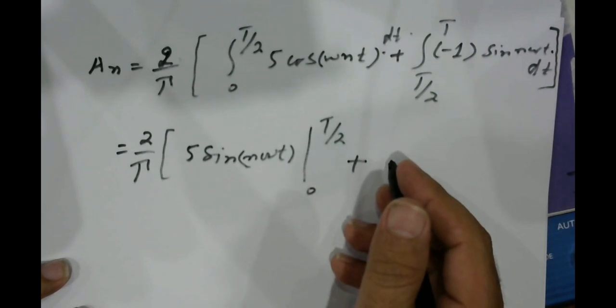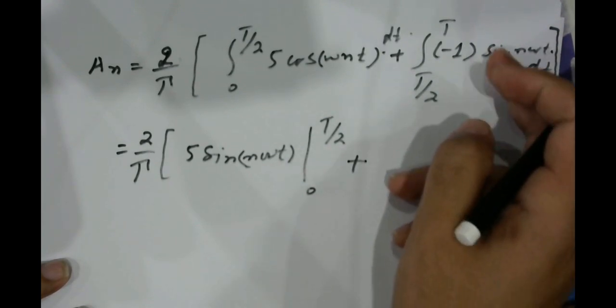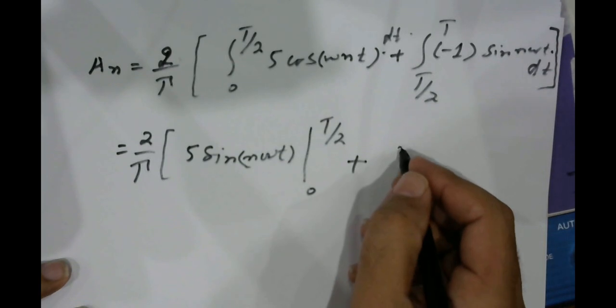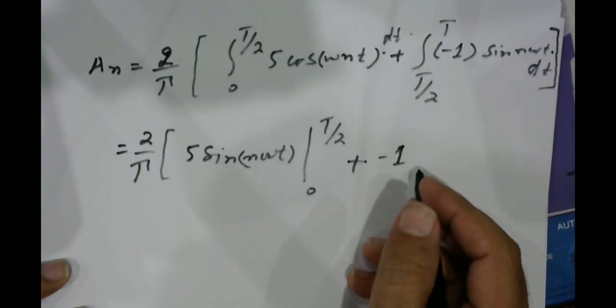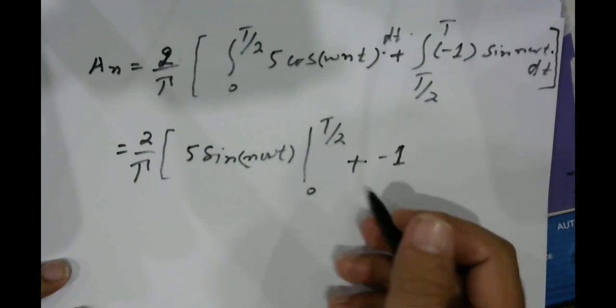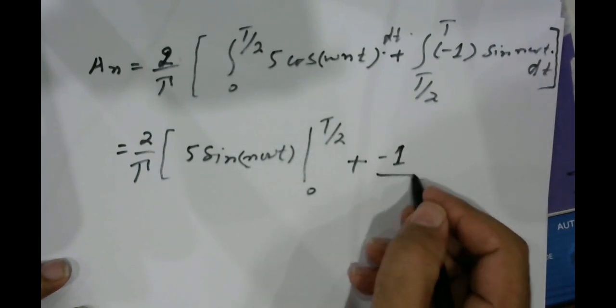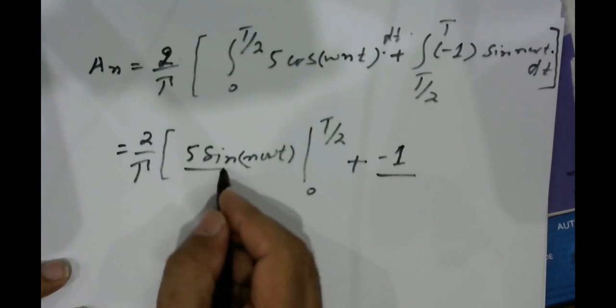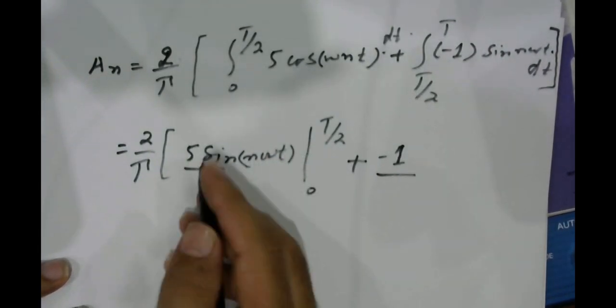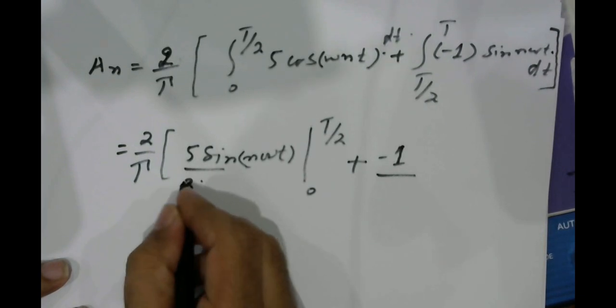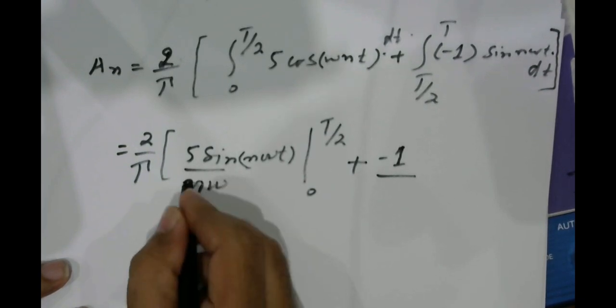And the integral of this thing will be minus 1 over, sorry, the integral of this thing divided by the derivative of this value. So the derivative of this value will be n omega.